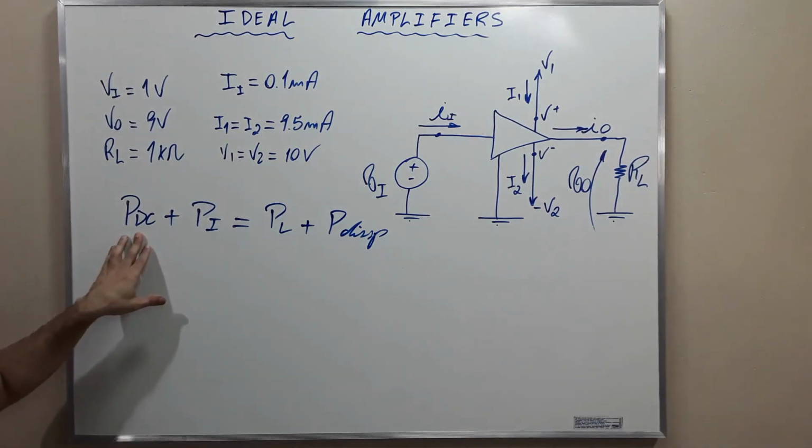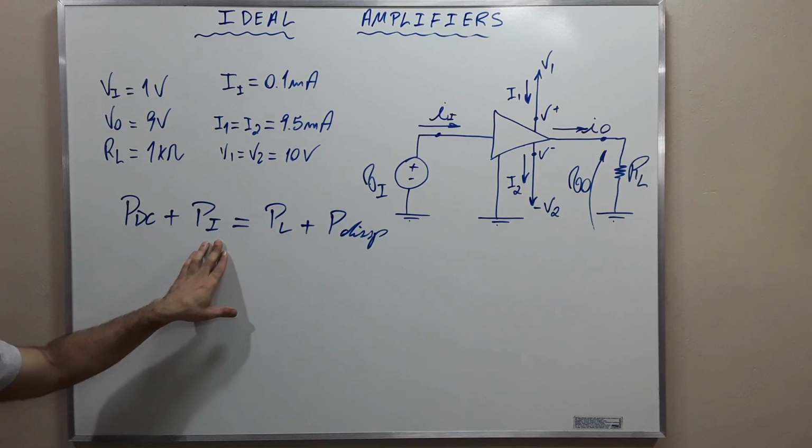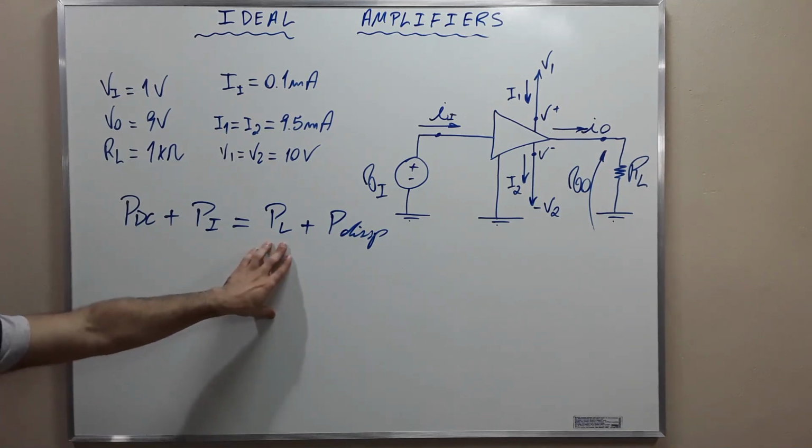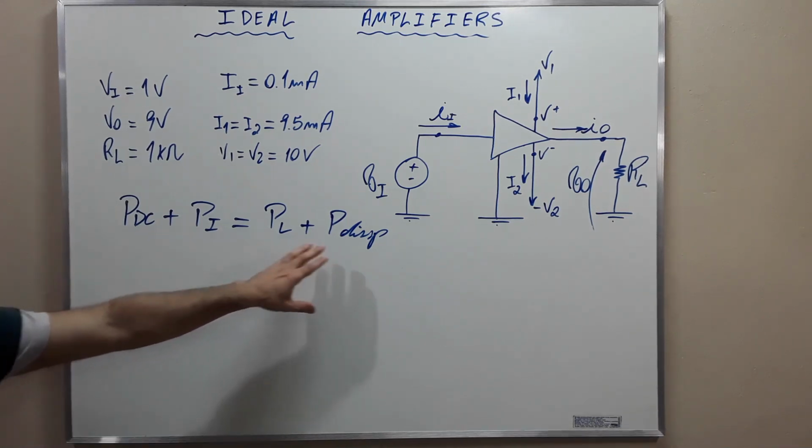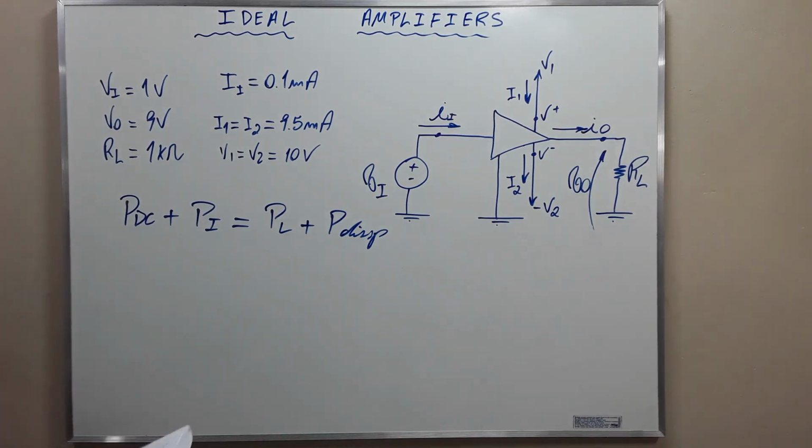The DC power plus the input power is equal to the power delivered to the load plus the dissipated power.